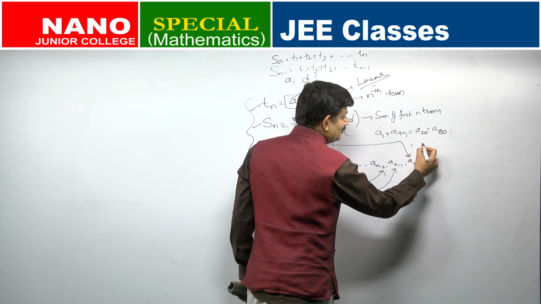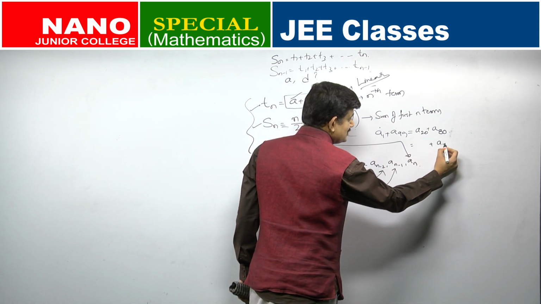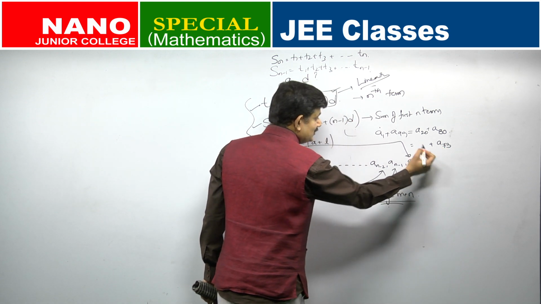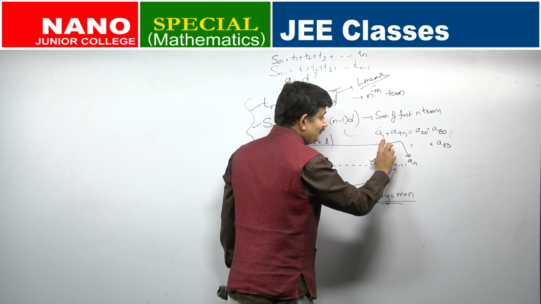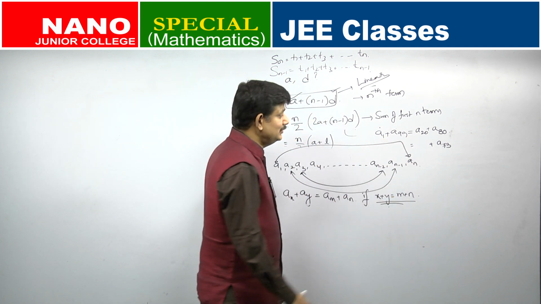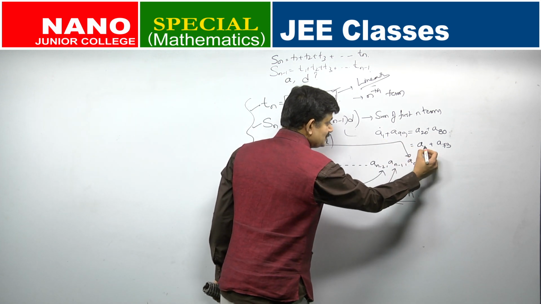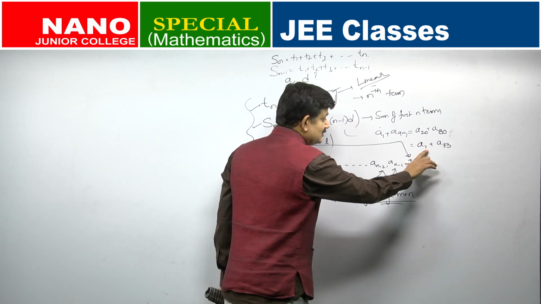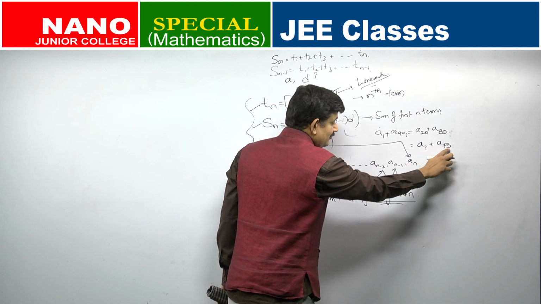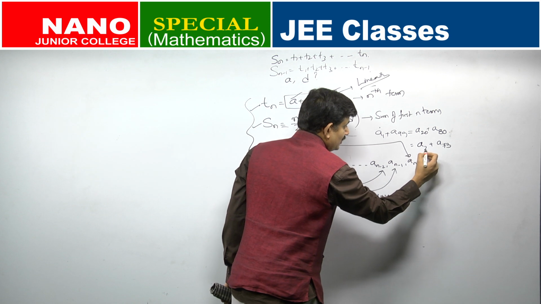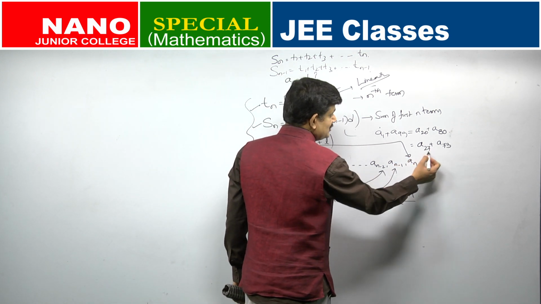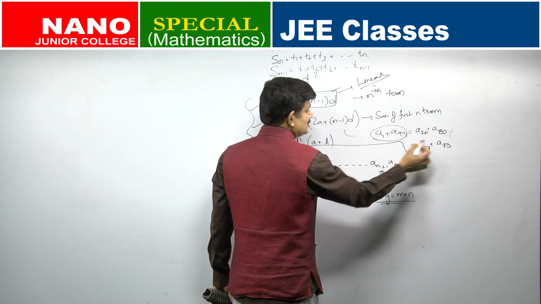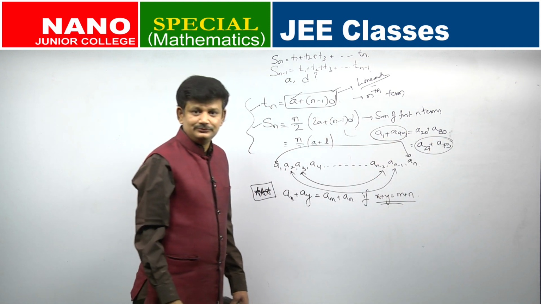Or if it is equal to something plus A73, what should that something be? 1 plus 99 is 100, so this sum should also be 100. It is 73, so this should be how much? 27. So whenever you see combinations like this, where this sum is the same as this sum, you can say that this sum will be equal to this sum.